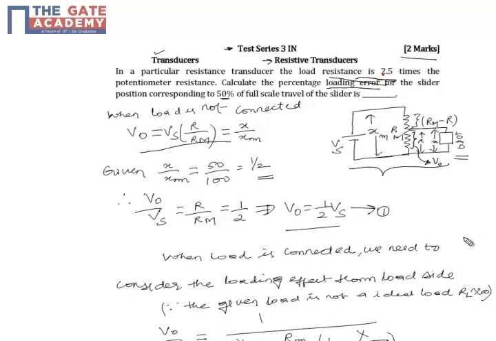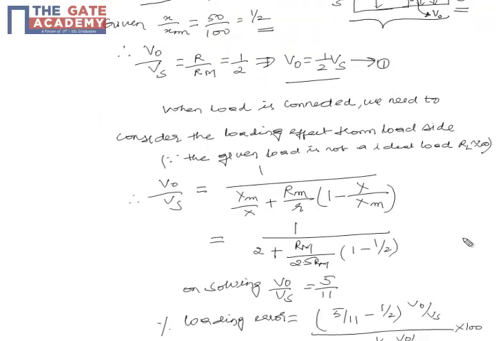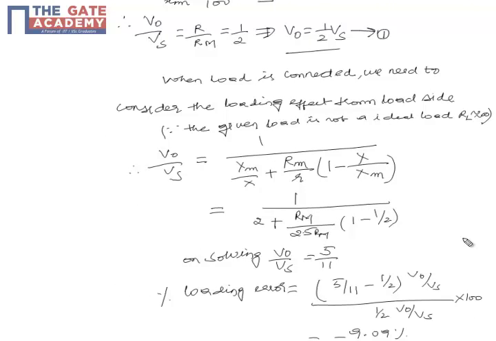So it is not an ideal load. It has some resistance inside it, which I am representing as small r. This small r corresponds to the load resistance.